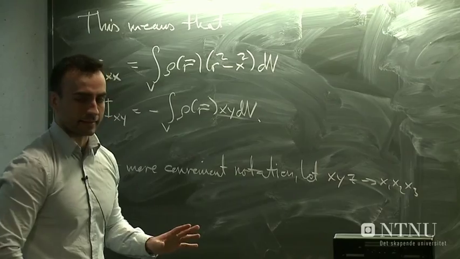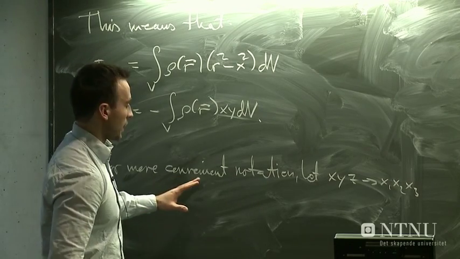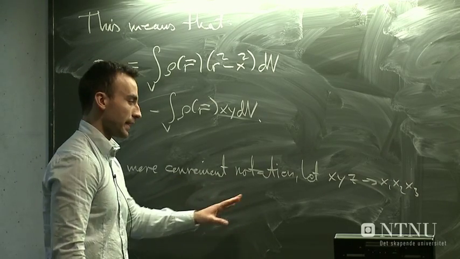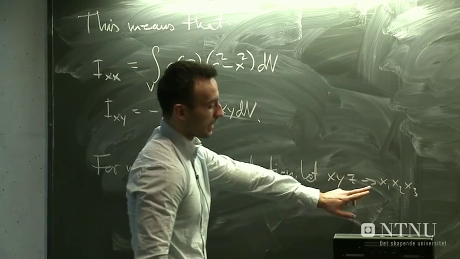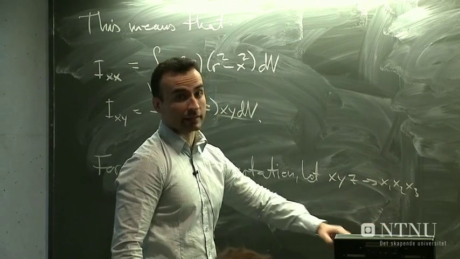Now, to express this in a compact form, we have to use a bit more convenient notation. So we let x, y, z go to x1, x2, x3, like we did in the previous chapter.